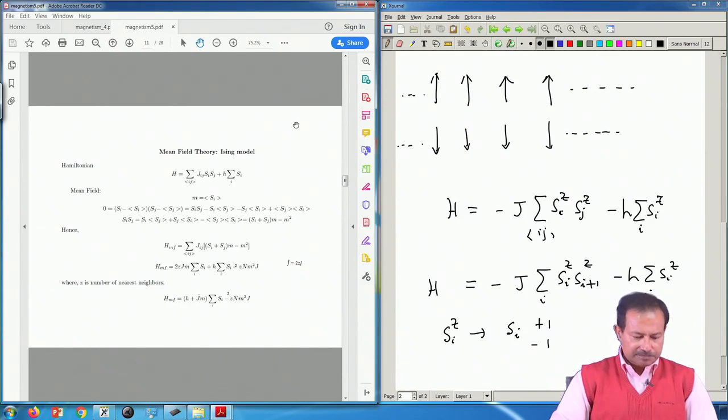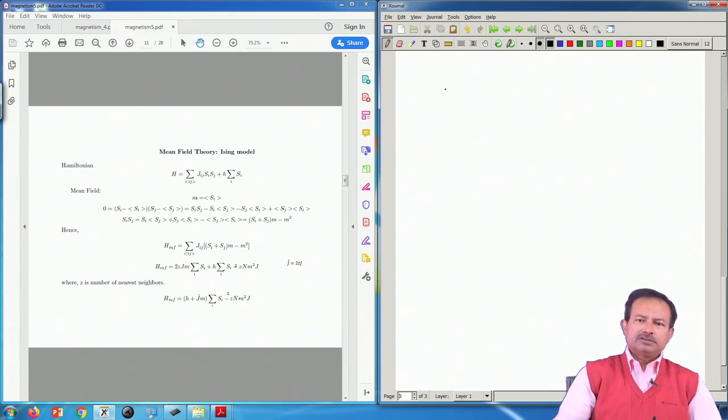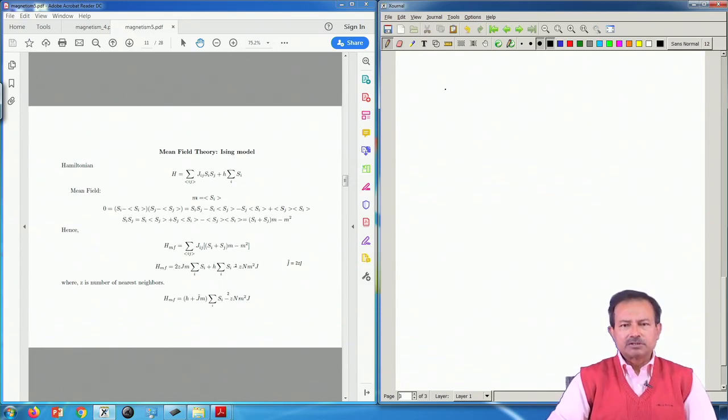Now, the way one can solve such models is, as I said, there are many different types of approximations one can make, and one of the most common approximations that is hugely popular is the mean field approximation.